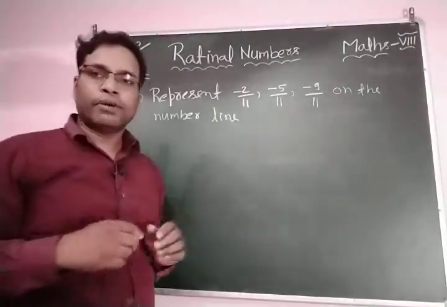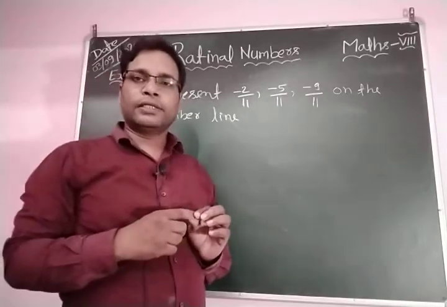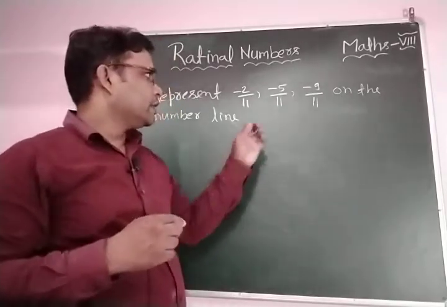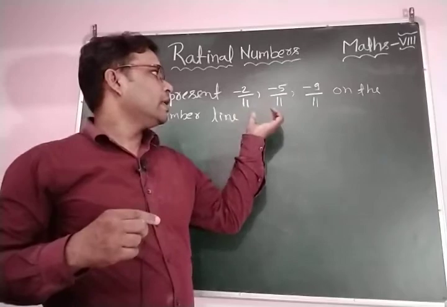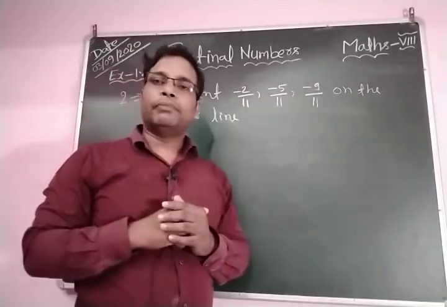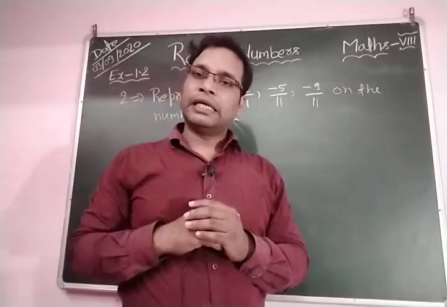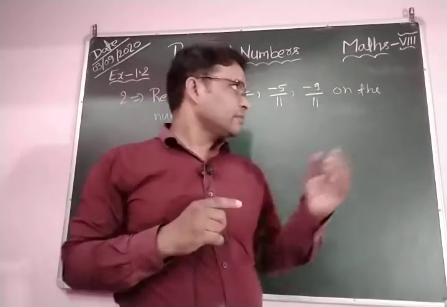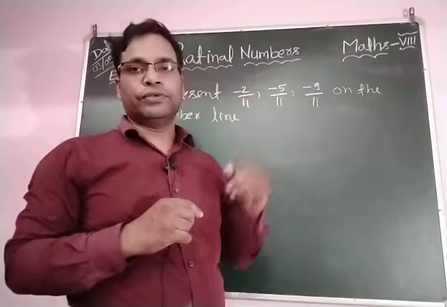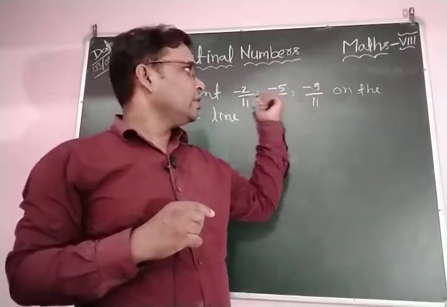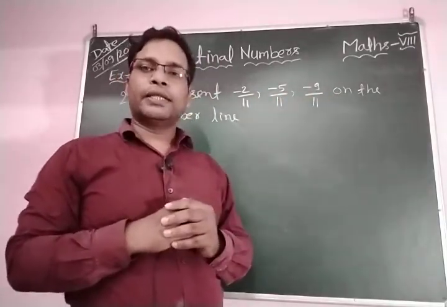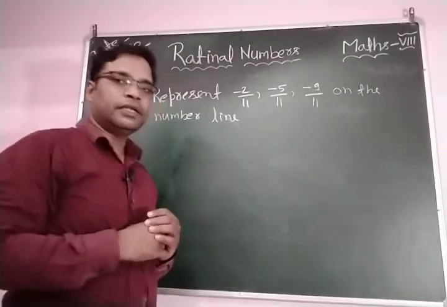For this question, first we draw lines. After this, we can check where minus 2 by 11, minus 5 by 11 and minus 9 by 11 lie. So you can see all these numbers are less than 0 but greater than minus 1.